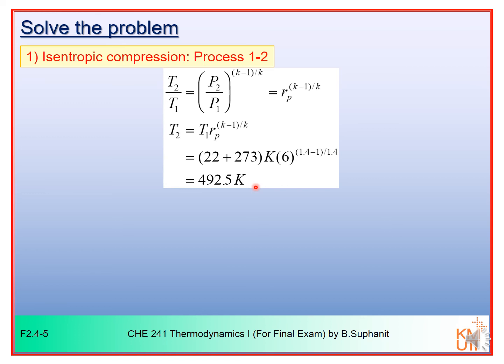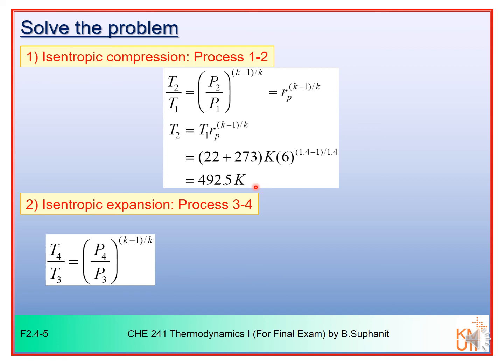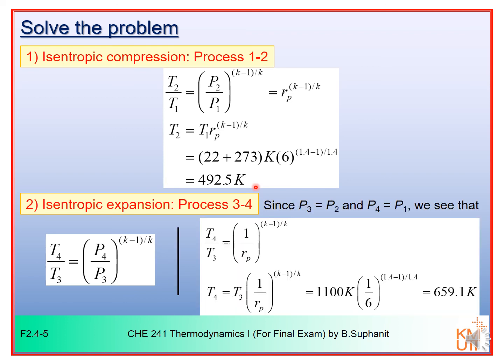Similarly, T4 can be calculated from the isentropic relationship of process 3-4. We can substitute all known parameters, which are T3, P3, and P4, into the equation to determine T4.